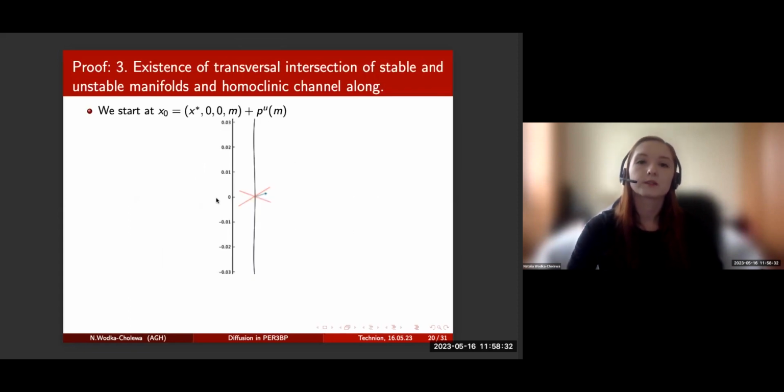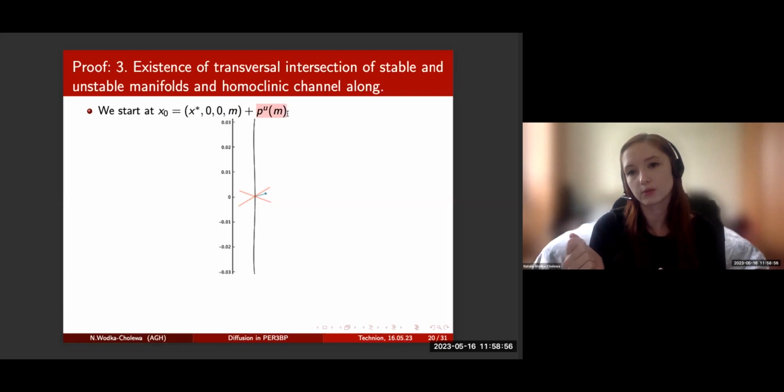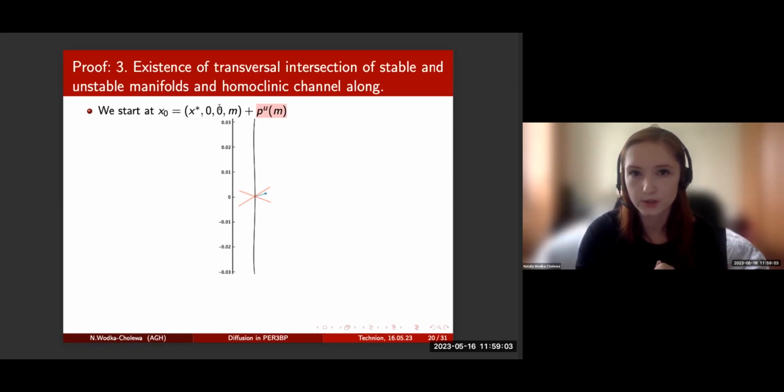Okay, for the existence of this intersection, when we have stable and unstable manifolds, we do something similar. So we have to start in some point on our Lyapunov orbit, but we have to move in the direction of the unstable manifold. So PU is this unstable fiber. So you put yourself somewhere near this 0, 0, x star, 0, 0, m, and you move in the unstable direction.